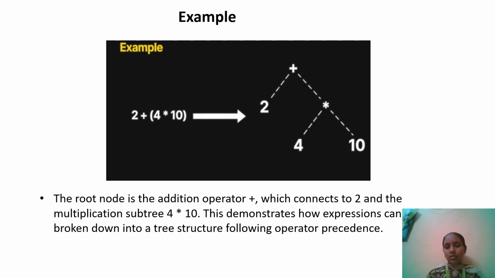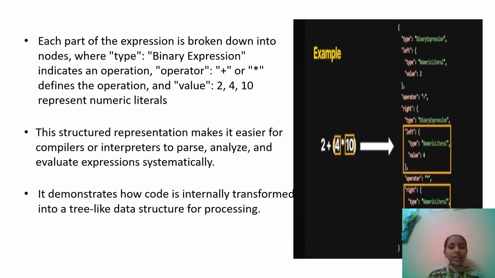Using this abstract syntax tree, we calculate the solution or output. Each part of the expression is broken down into nodes. We have written the code: type binary expression indicates an operation, the operator plus or multiplication defines the operation, and the values are 2, 4, 10.